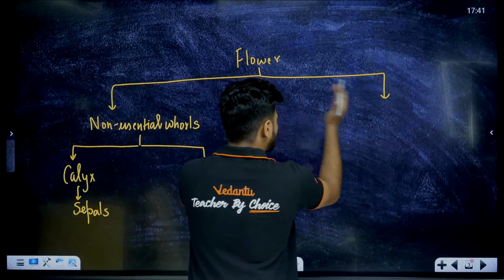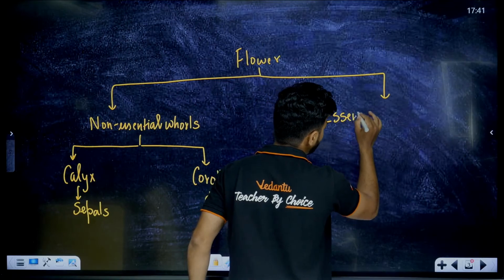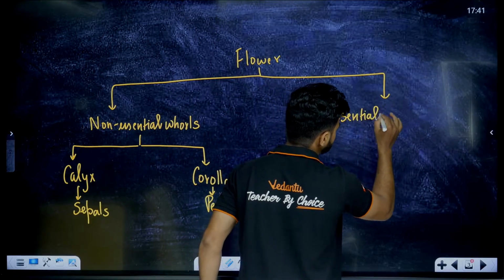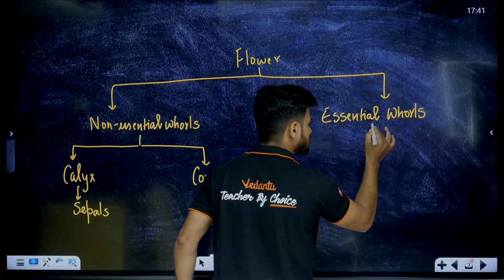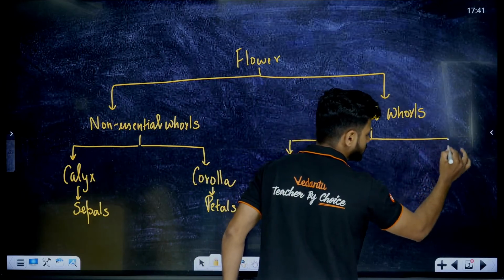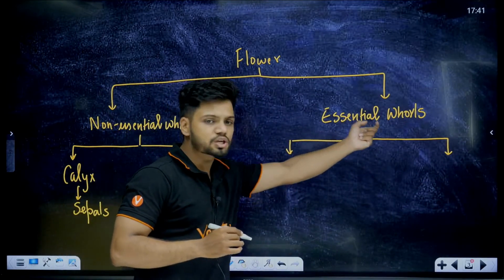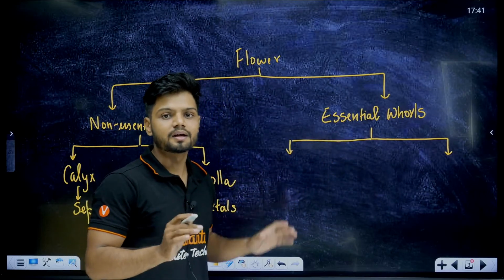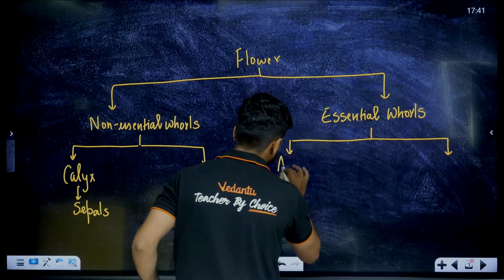Now, the other part is called your essential whorls. Now, what are these essential whorls? Again, we can divide them into two categories. Under your essential whorls, the first category is your androecium.